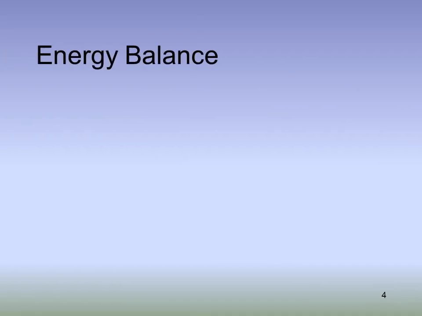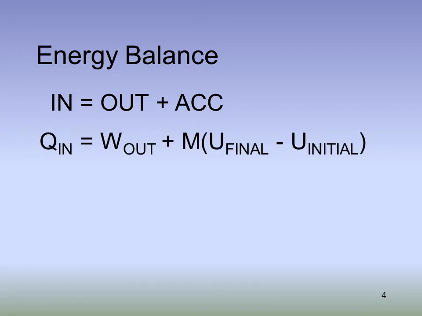Now we'll apply an energy balance, in equals out plus accumulated, and we'll add some heat to the system, take some work out of it. So Qin equals work out plus the mass times u final minus u initial. Actually, those should be lowercase u's, specific internal energy.